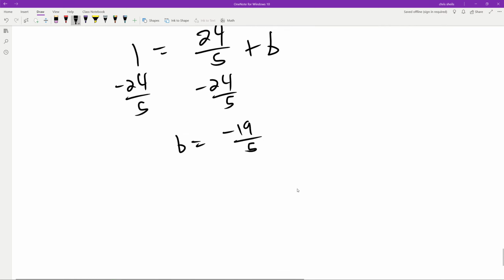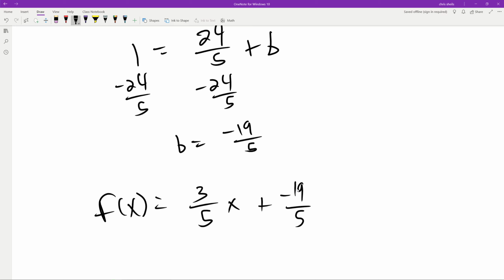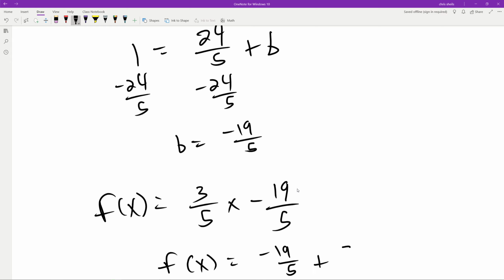So the equation for this function is f of x equals 3/5 x, I could say plus -19/5, or because really the plus sign is kind of unneeded here, I could just say -19/5. It's also completely fine if you write this as f of x equals -19/5 plus 3/5 x.